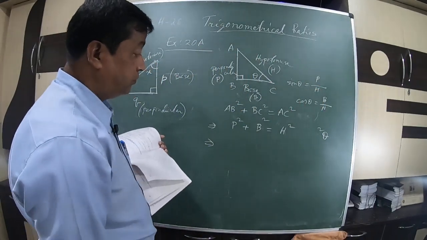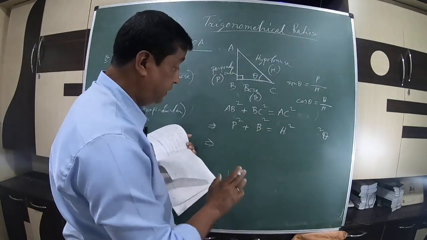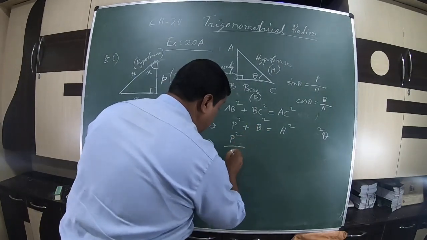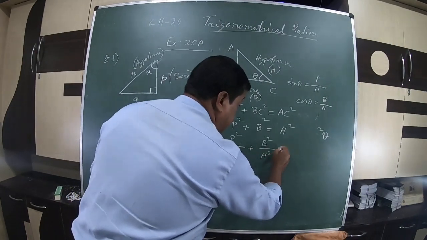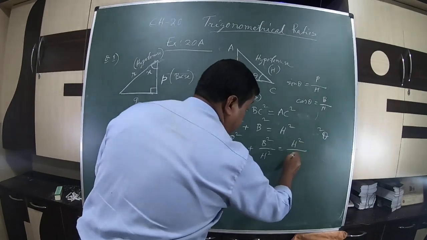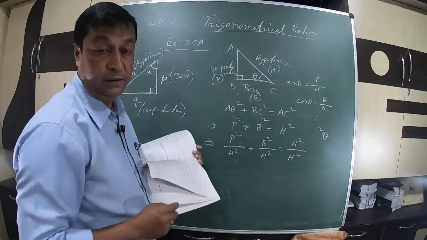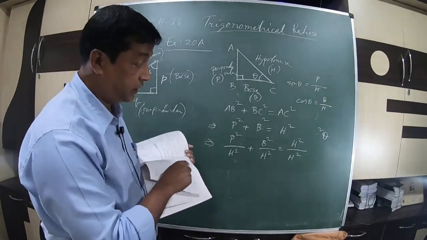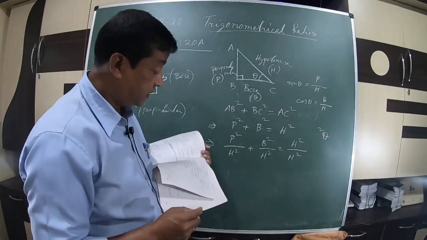Now if you divide the left hand side and right hand side by H square, what will we get? P square by H square plus B square by H square equals H square by H square. You can divide both sides by H square because I want to prove that first formula, sine square theta plus cos square theta equal to 1.